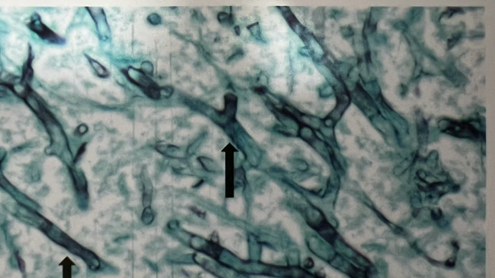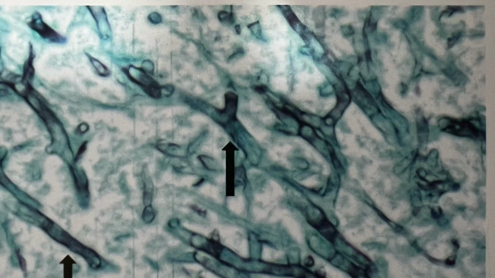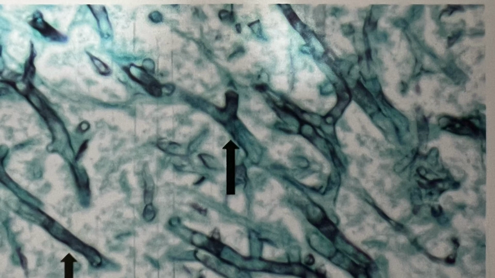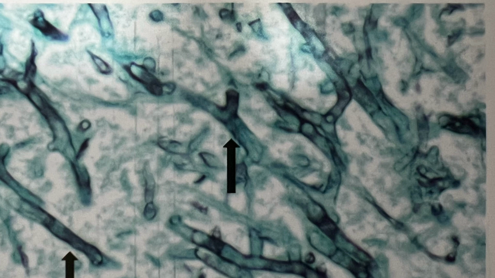Fungal culture. A positive fungal culture provides supporting evidence in the diagnosis of AFRS. However, its absence does not exclude the diagnosis of AFRS. The rate of positive fungal culture in AFRS patients ranges from 50 to 100% depending on the culture method used.